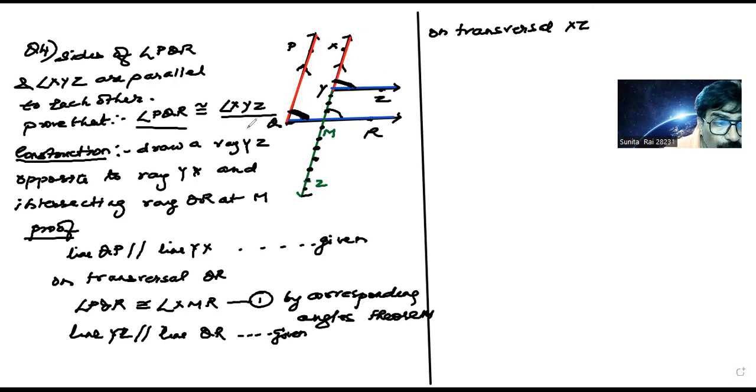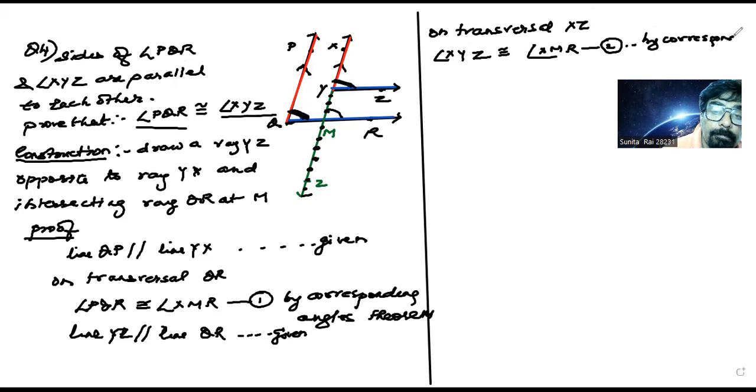Because your angle XYZ is searching. Angle XYZ is congruent to angle XMR. I call it statement 2, and the reason is by corresponding angles theorem.